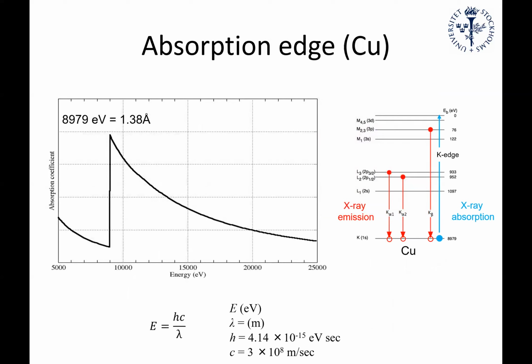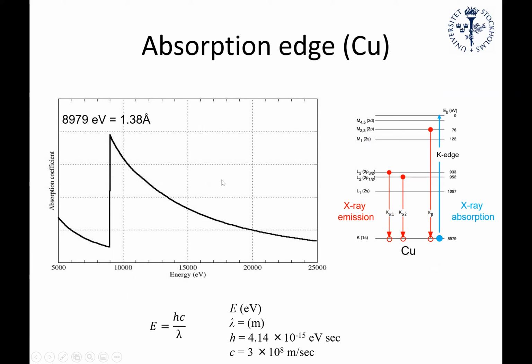Now, again, related to the absorption of X-rays. Every element absorbs X-rays differently. We were talking about X-ray emission, but now I'm talking about X-ray absorption. With every element, this is kind of the absorption spectrum.